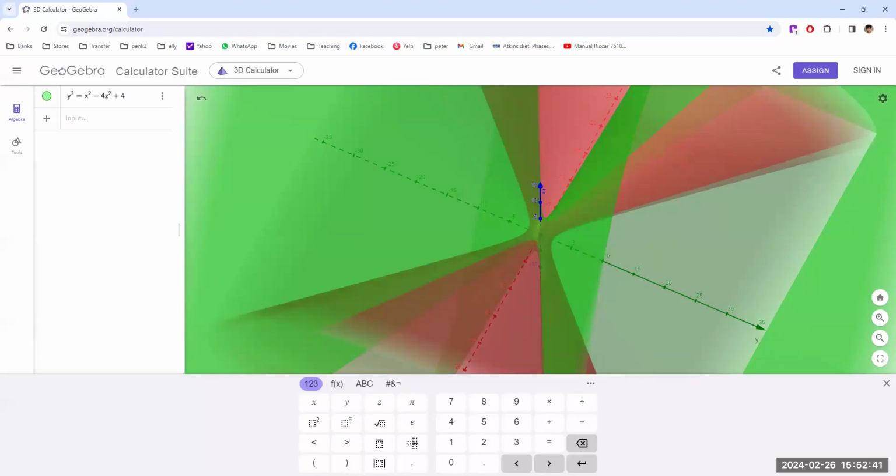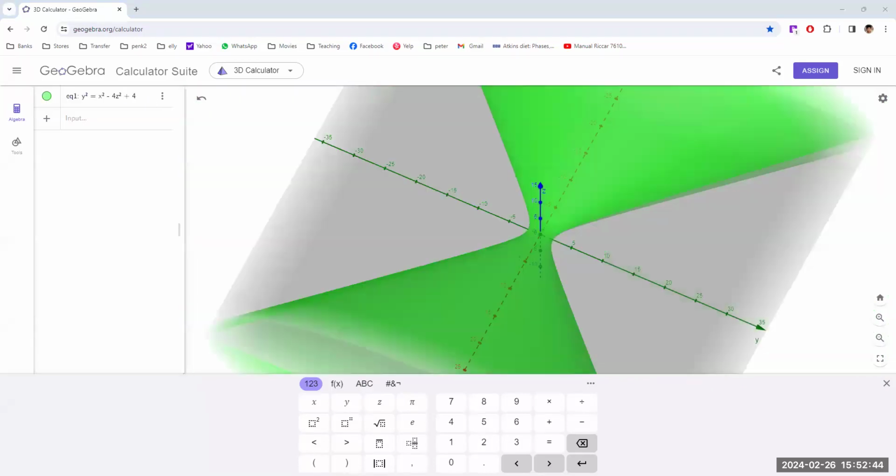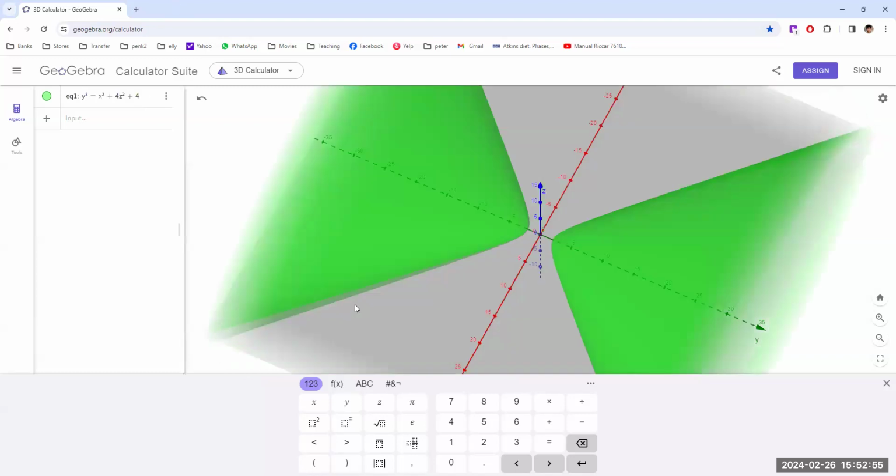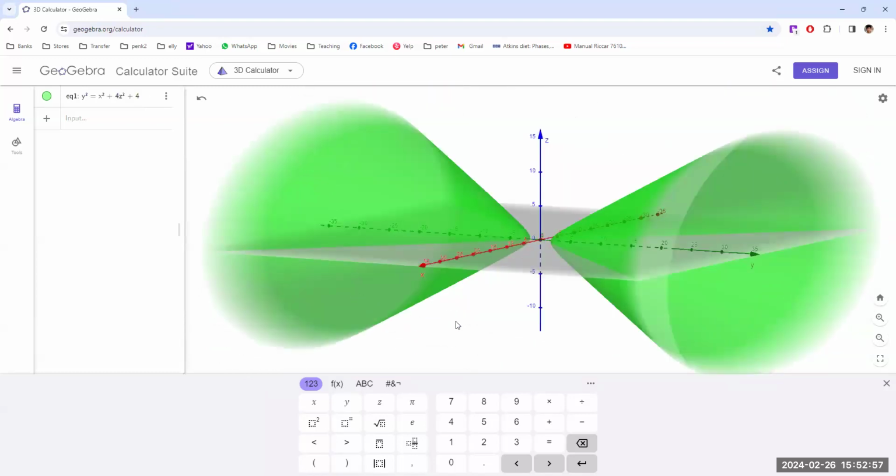Am I copying it right? Plus 4z squared. So this should be plus here. Oh, that's what it looks like.